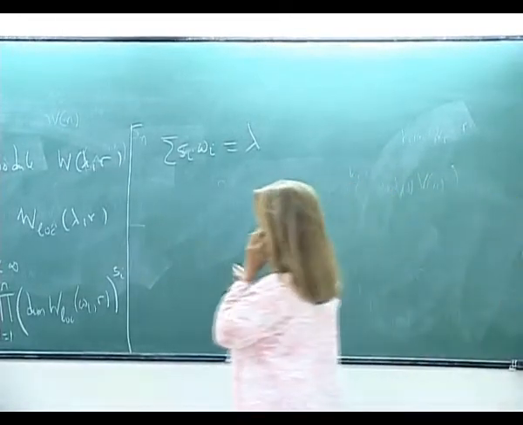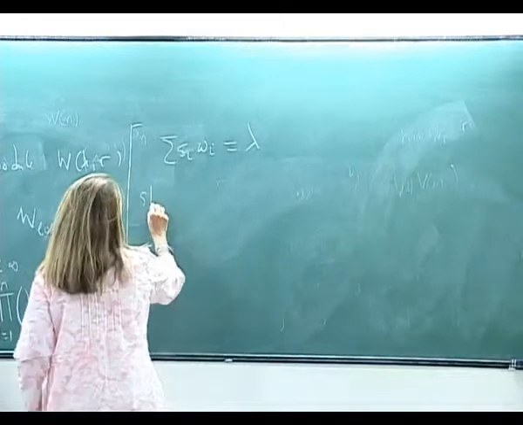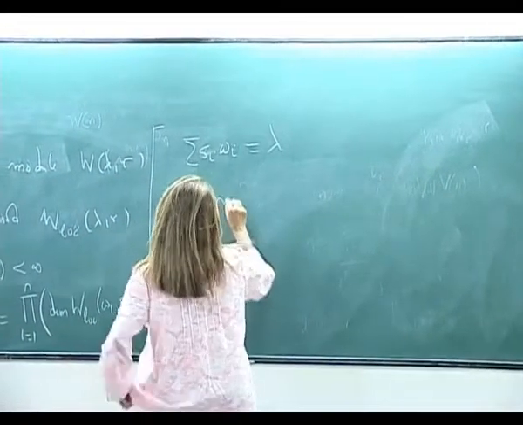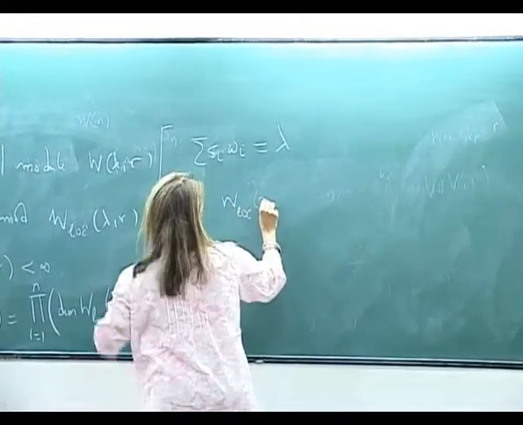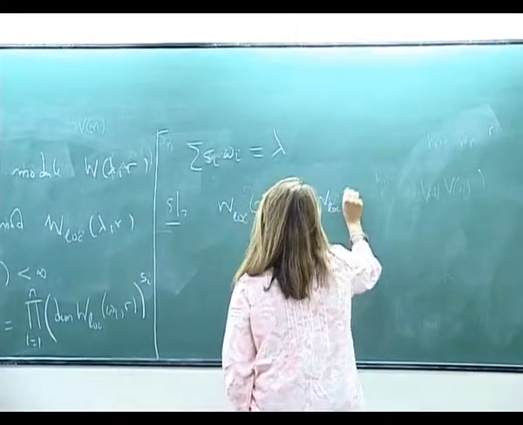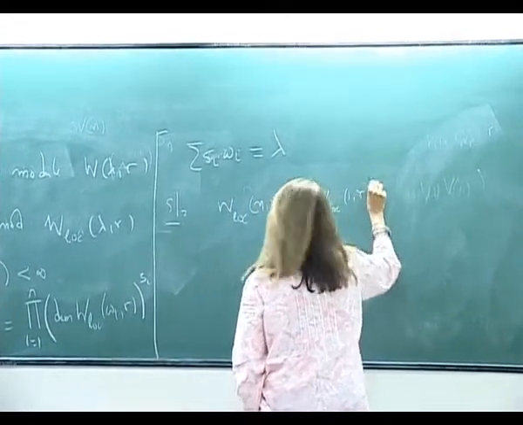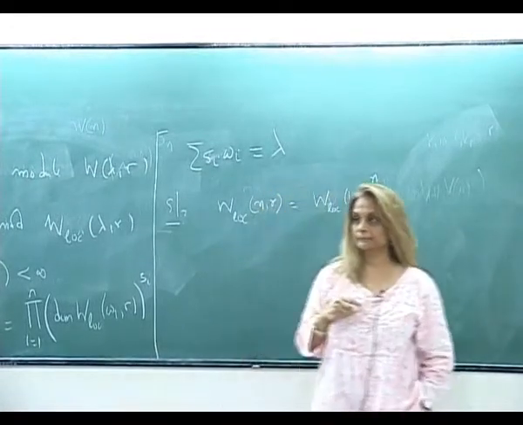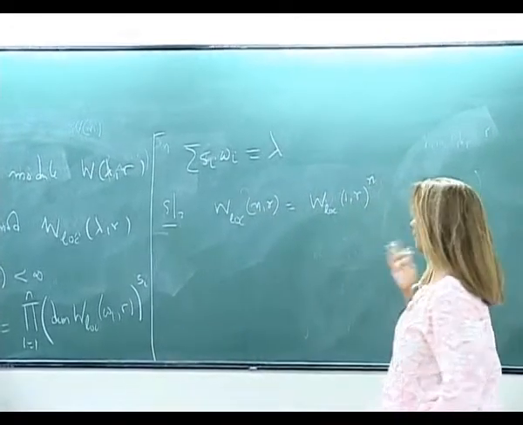So for instance, in particular, for SL2, what does it tell us? It tells us that W log n R is equal to W log 1 R raised to n. Yeah? And what can W log 1 R be?